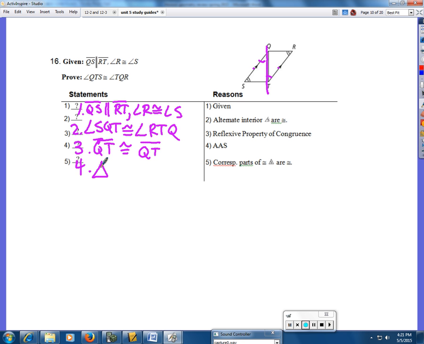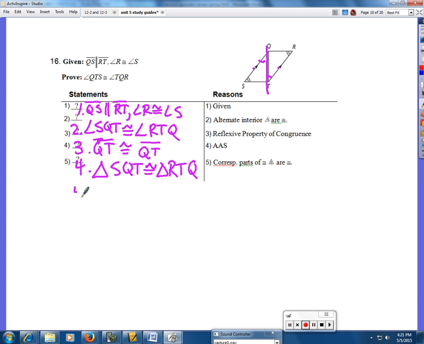So I can say triangle SQT is congruent to triangle RTQ. That's by angle, angle, side congruence.